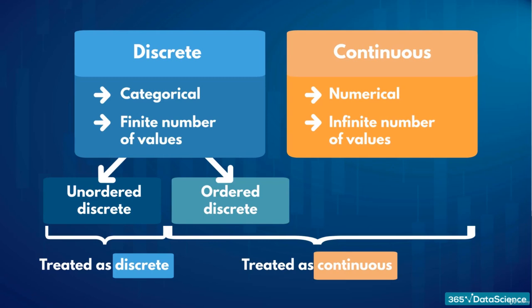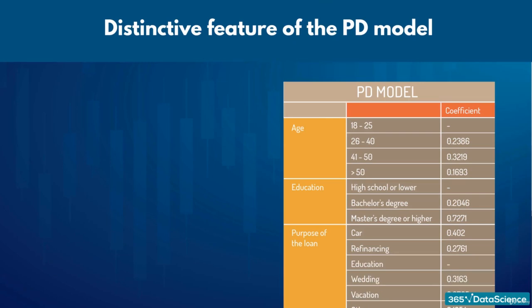Since there is a sufficient number of ordered discrete values, we will be able to treat the variable as continuous. Even if it sounds overwhelming now, we will be going into great detail through each of the different pre-processing techniques, so don't worry.